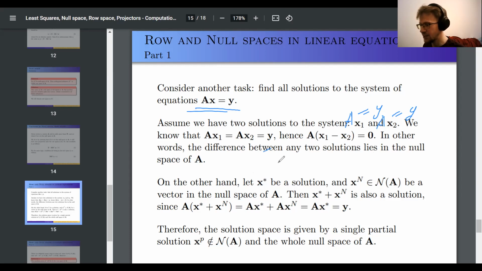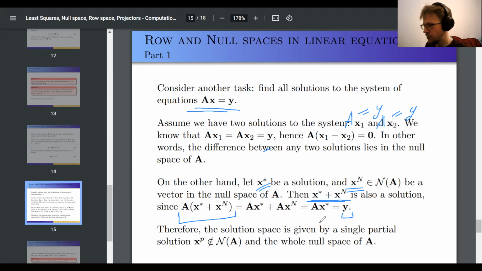On the other hand, let x star be a solution, and let xn be a null space element. Then this is also a solution. Why? Because we can open the brackets. This is equal to y, this is equal to 0, hence it is a solution. In this chain of arguments, we found that this is equal to y, so it is a solution.